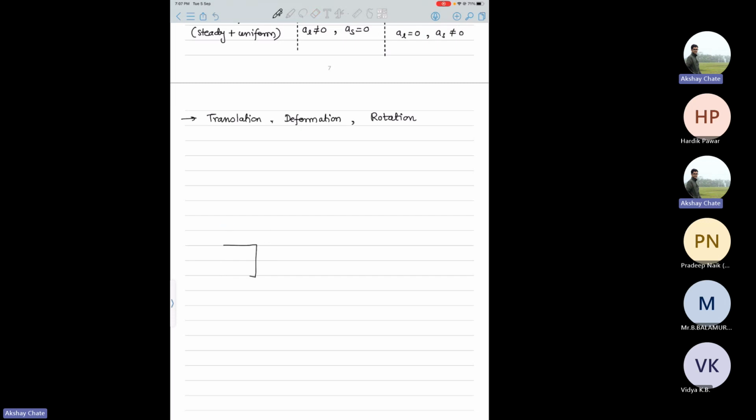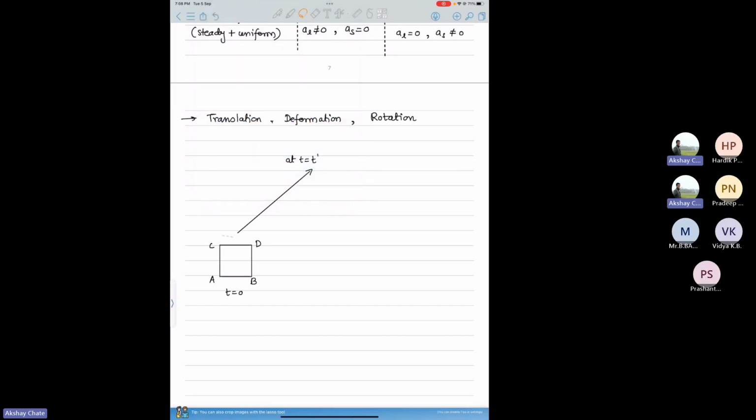If you have a fluid domain, something like this, let's say A, B, C, D. Translation simply means, at t equal to 0, it is here, and at, let's say, t equal to t dash, which is greater than 0, the same domain will be simply at some other point.